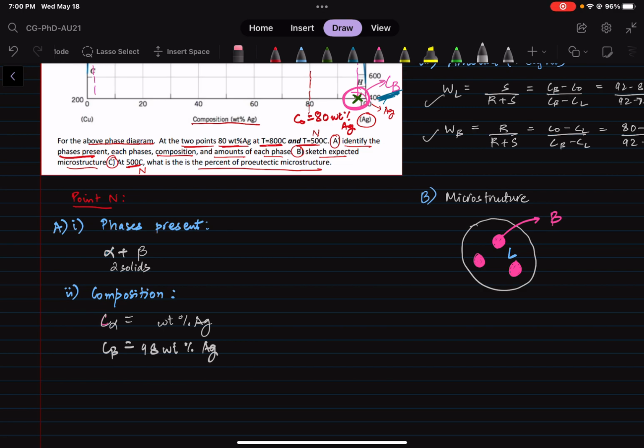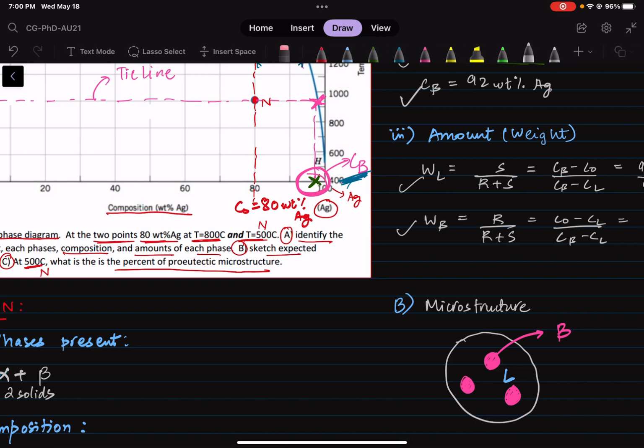You can approximate it to be anywhere close to that number. So let's call this 97, and let's call this 2. That's what I've approximated these to be.